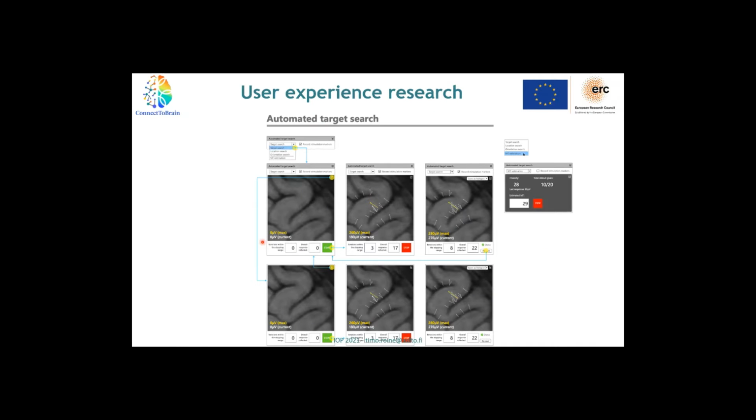And we have also performed user experience research to find out what kind of user interfaces we should develop for this system. And this is an example of the user interface for an automated target search algorithm.